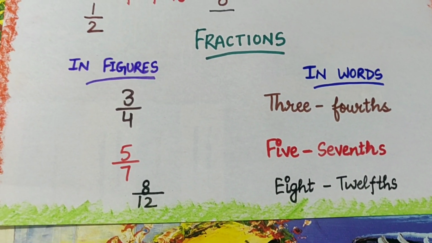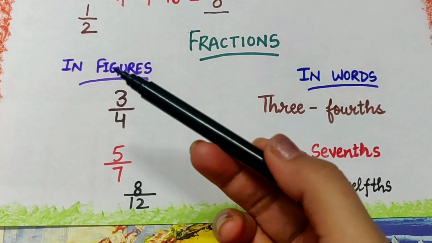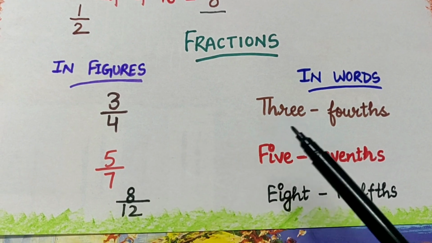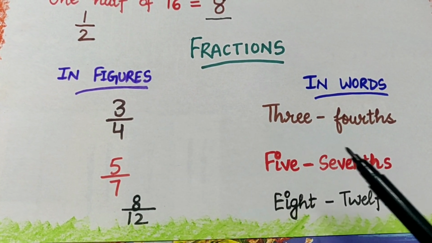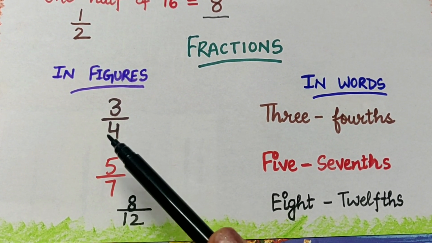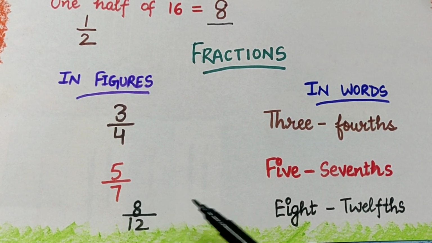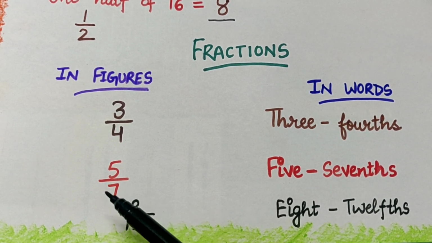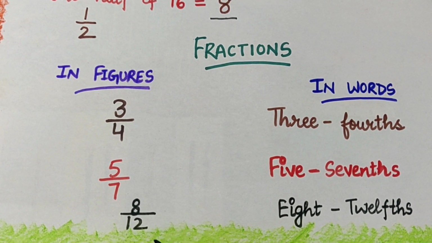Now let's have a look at these fractions. These are written in figures and these are written in words. 3/4. Here 3 is numerator and 4ths is denominator. 5/7. Here 5 is numerator and 7th is denominator. 8/12.